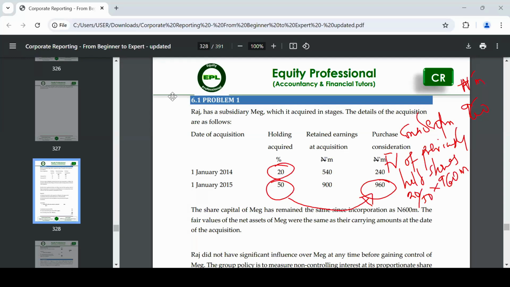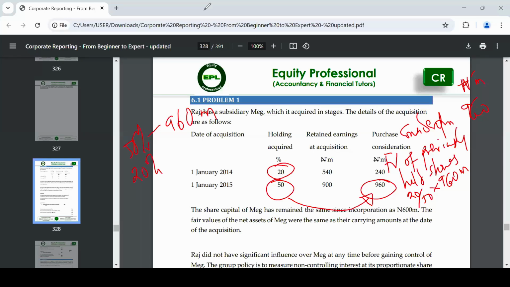Or you may do the primary school mathematics that I did the other time. For 50%, the fair value we paid is 960 million.